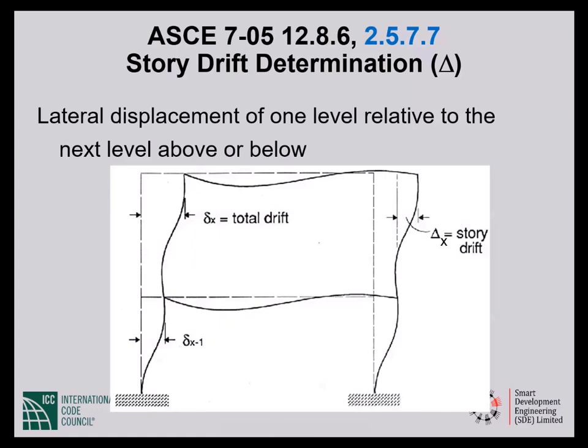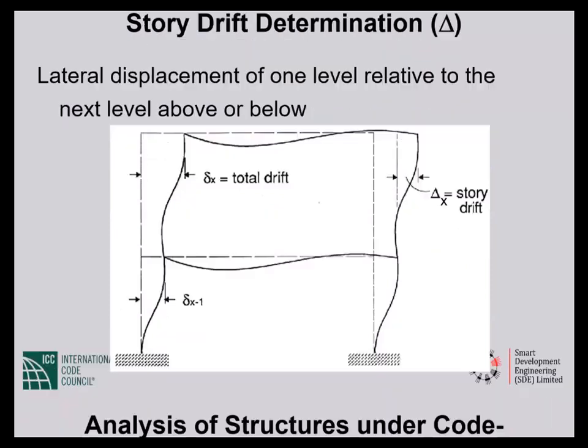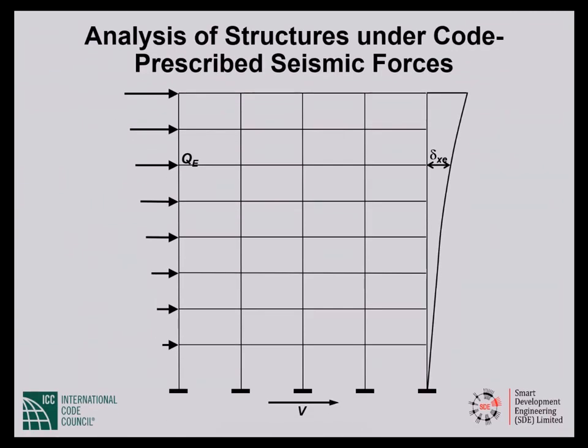I do want to emphasize that. Now, interstory drift is the deflection at the top of a story minus the deflection at the bottom of the same story. That is the first thing. Exactly what deflection we will talk about with this slide.